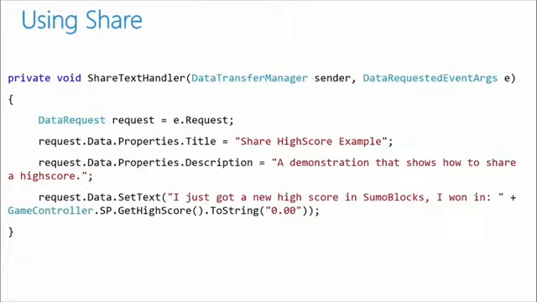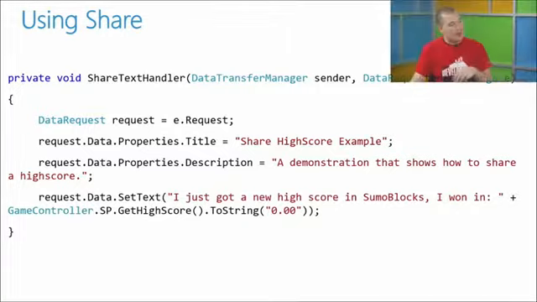Then we have the description, where we describe a demonstration that shows how to share a high score. Very simple. And then we actually set the text that we want to share: I just got a new high score in Sumo Blocks. I won in, and then we call the code from our game to actually show this.